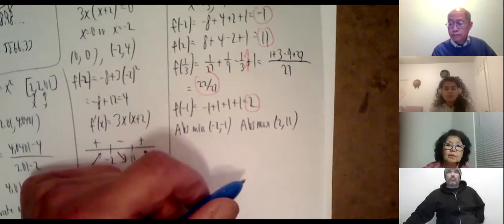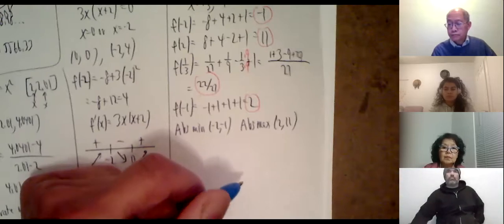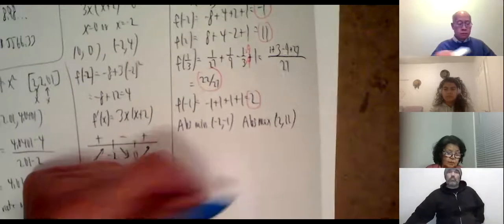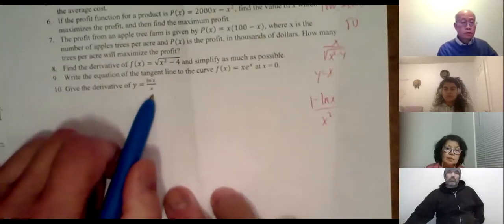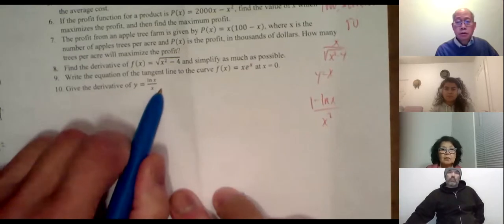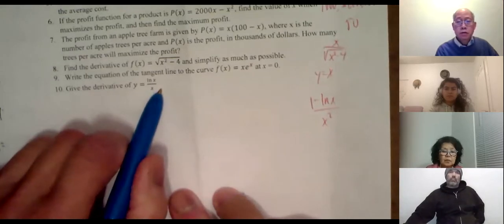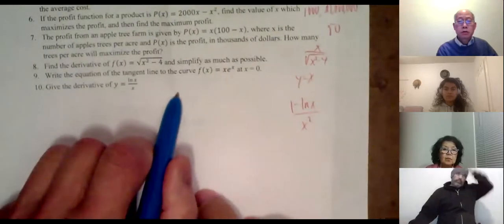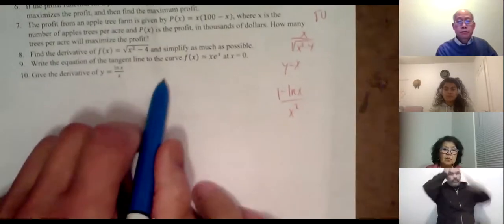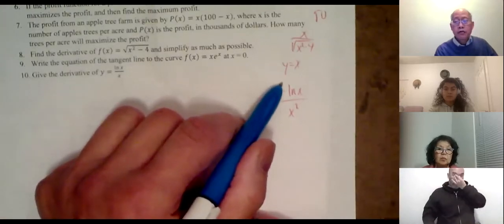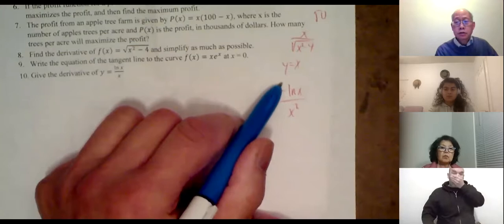Professor, I'm just referring to question number 9 in exam 4. I'm just referring to the equation of the tangent line. After the derivative, it came out to be y equals x. Mm-hmm.